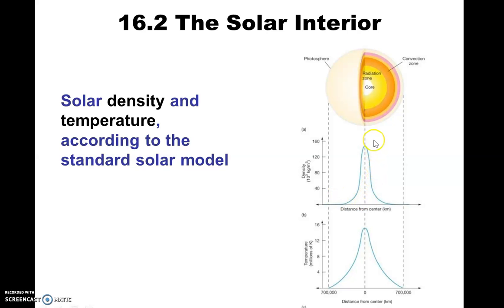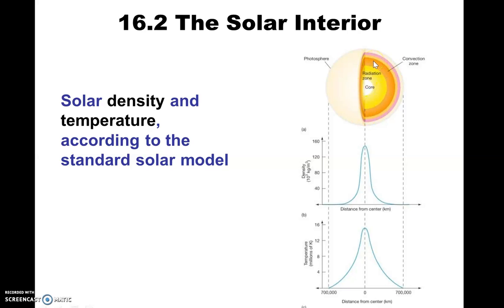So this is what's going on in the core, and we have density and pressure models that tell us what the temperature and pressure would be if you have this much mass, and we know the force of gravity.